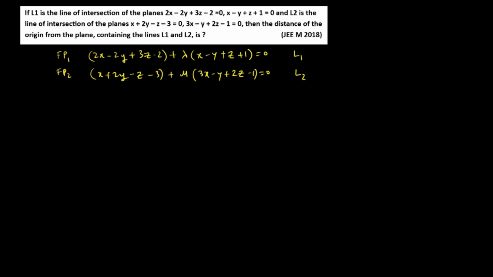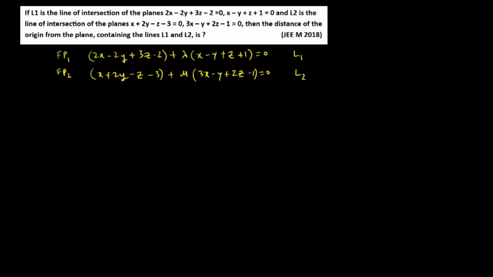right? And the question is asking you something about a plane that contains both L1 and L2. So that plane that contains both L1 and L2 should be common to both the families, right?